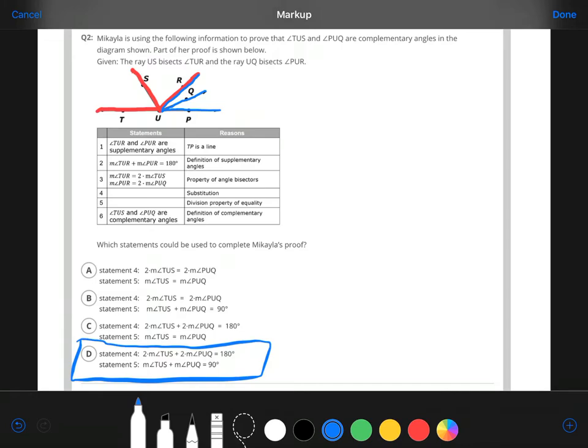And let's see why. So remember that we're trying to prove that TUS and PUQ are complementary, which means that they have to add up to 180 degrees. Now, if you look at options A and C, they don't even mention that.